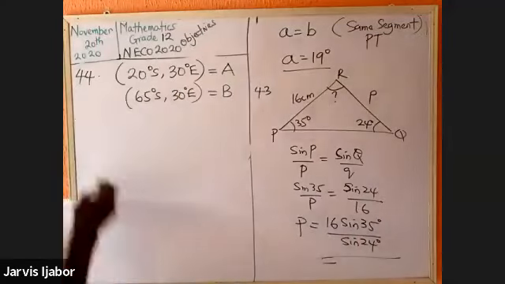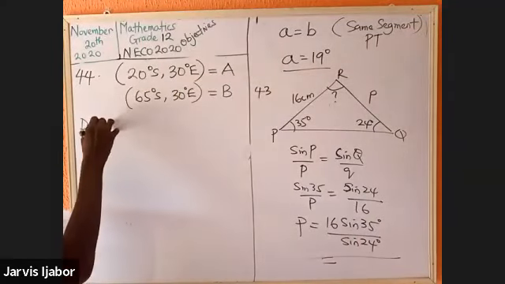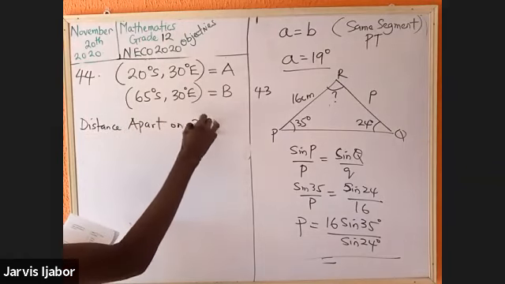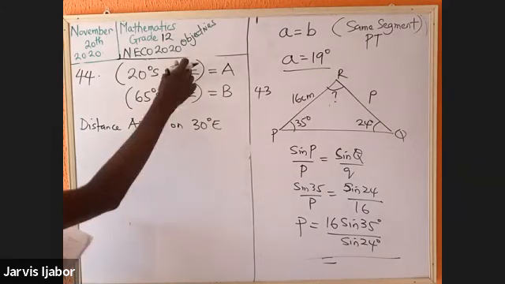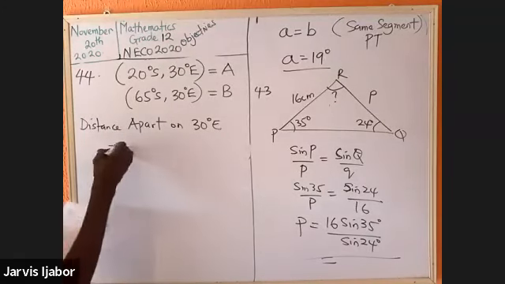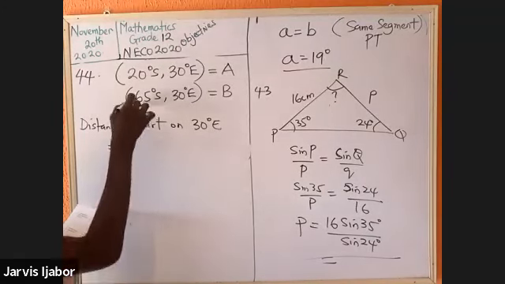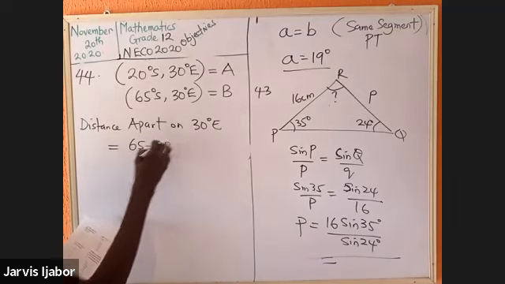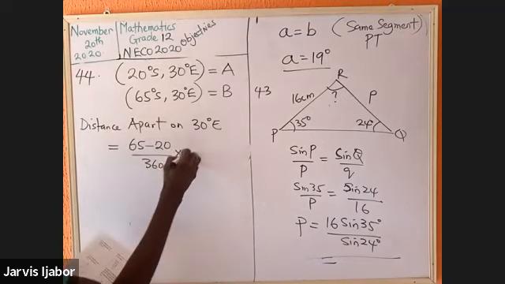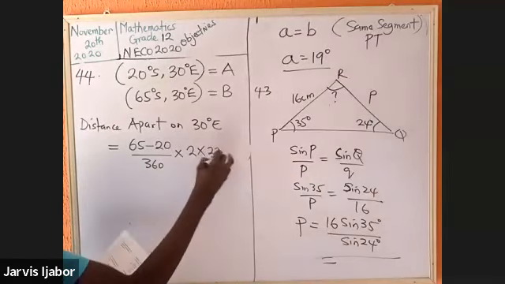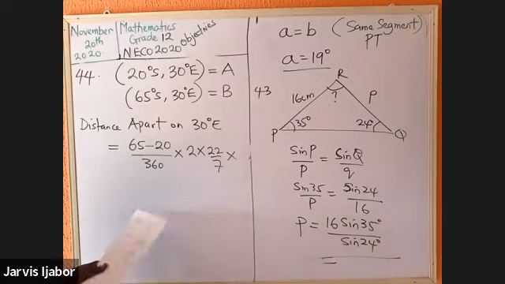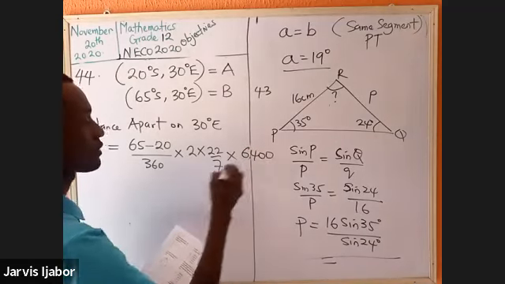So the distance apart on 30E, because that's where you're going to calculate that, will simply be equal to what? 65 minus 20, since it's the same place, over 360 times 2 times 22 over 7 times, what is the radius of the earth? 6,400.